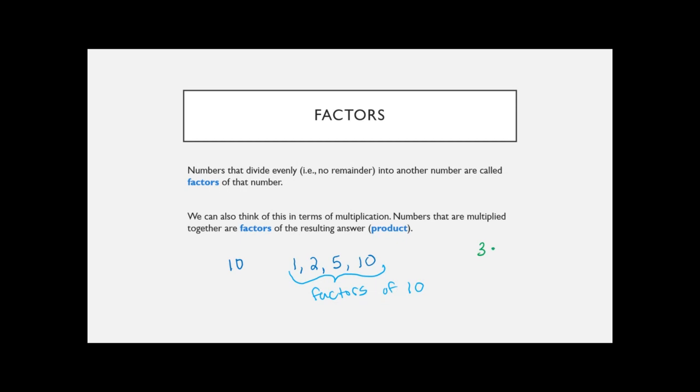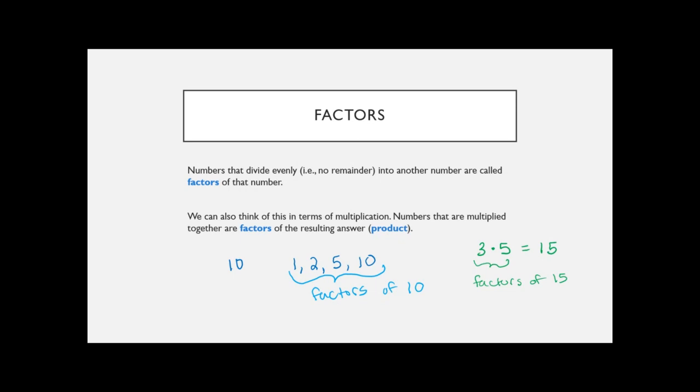So if you have something like 3 times 5, which gives you 15, not 16, 3 times 5 is 15. 3 and 5 are factors of 15 because you can multiply them together to get to 15. So you can think of it 2 ways, as numbers that divide into something, or numbers that when you multiply them together create the number you're looking for.